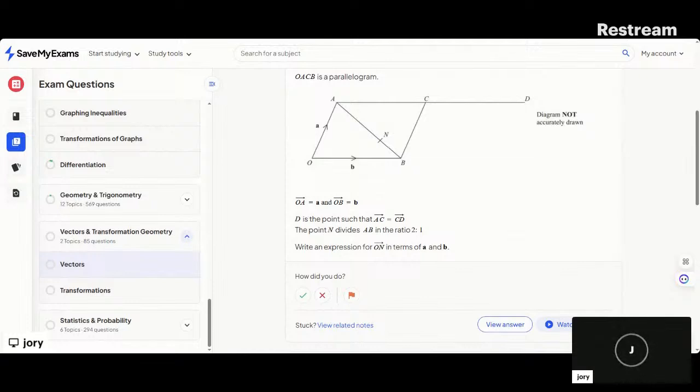So all of this, AN, is this plus A. Plus A. 2 divided by 3 plus 1 is 5 out of 3. 2 divided by 3 plus 1 is 1 out of 3.